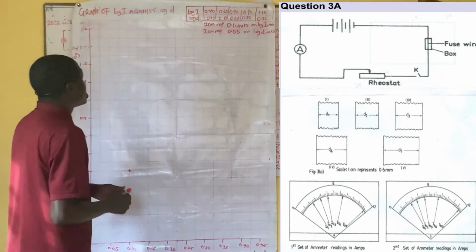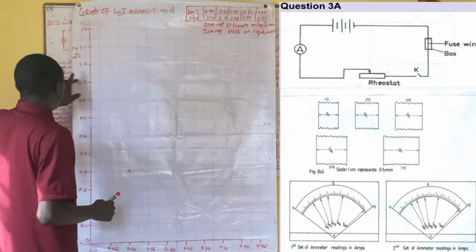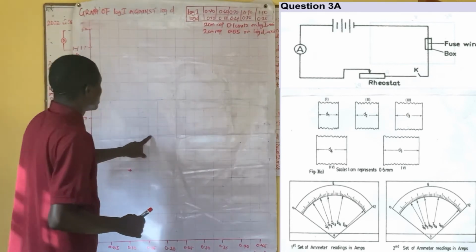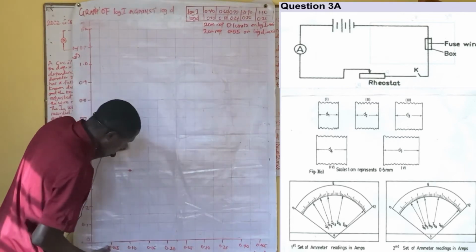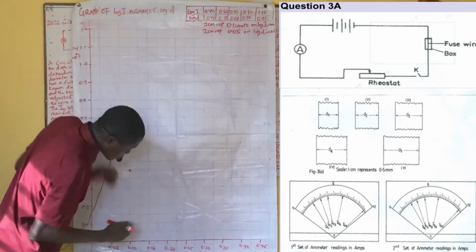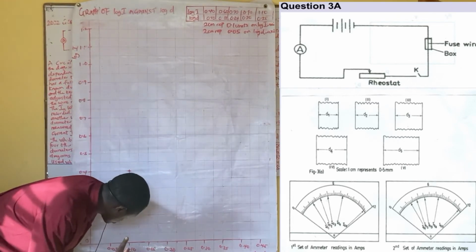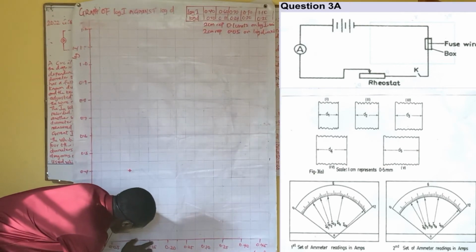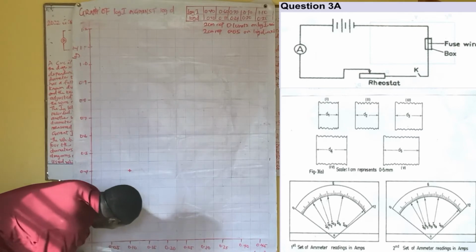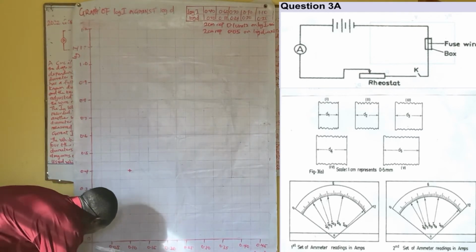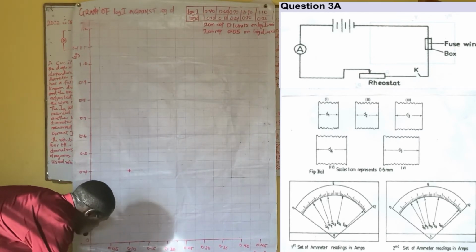Now the next one is 0.6 against 1.8. Look at this. For every full line here, it represents 0.1. We said this is 0.05, so for every two lines, 0.01.